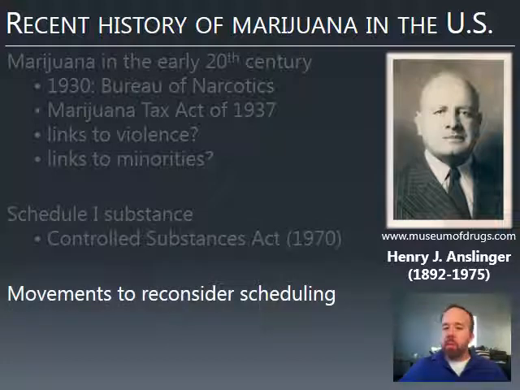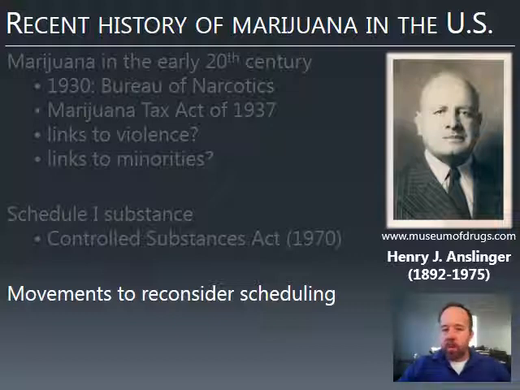Of course, almost immediately this prompted movements that urged the government to reconsider this scheduling. This has been brought up again and again since the 70s. As we'll see, there are arguably some medical uses for marijuana, and it turns out that certainly its physiological dependence potential is non-existent, at least. It might be low, it depends, the debate rages on.